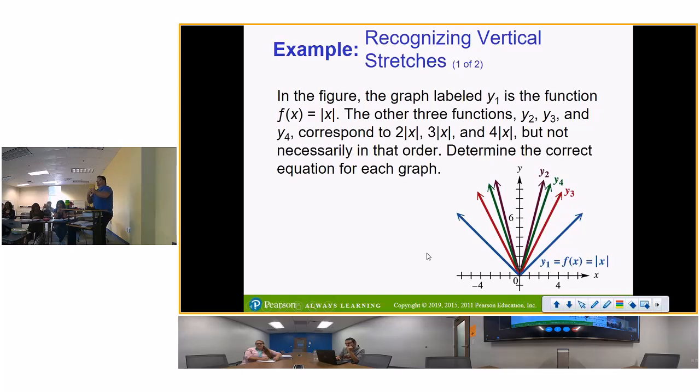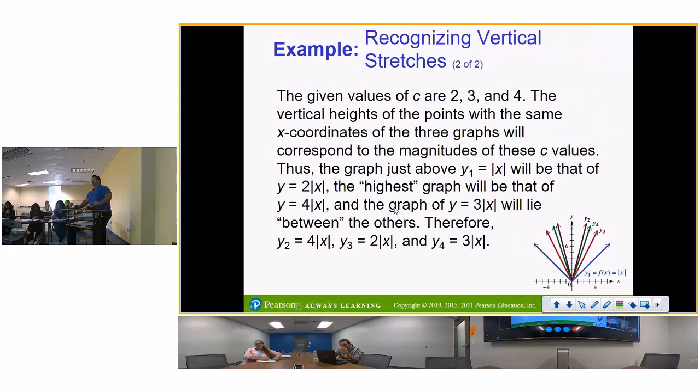So a 2 or a 3 or a 4 would be compression along the x-axis. What would a 1/2 or a 1/4 be? Stretching along or compressing along the y-axis. Depends on which one you like. You use whichever one you like. Whatever you like, stick with it. Okay, we're going to stop right here.